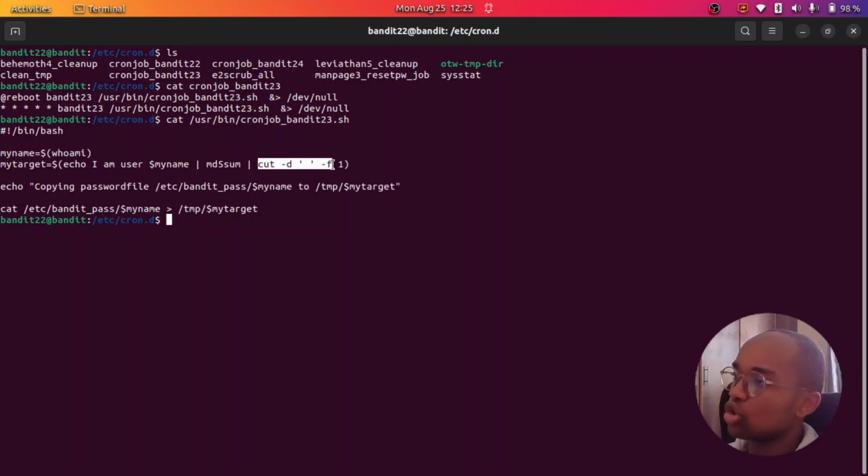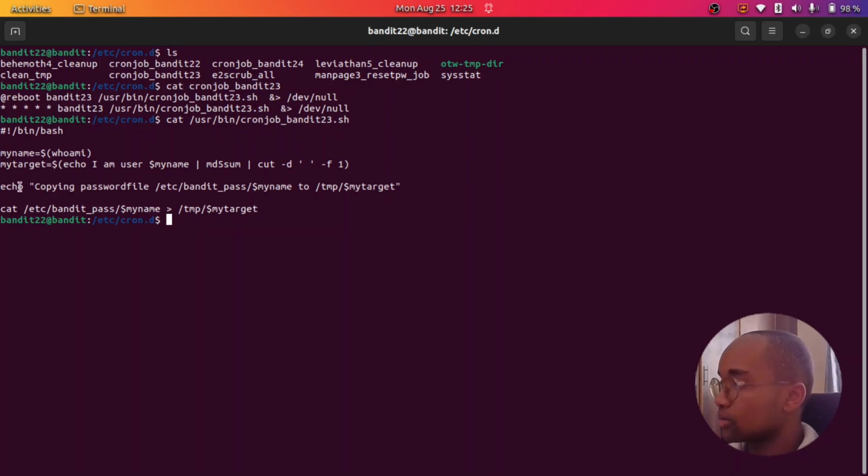So do not be confused. All this means, and you're going to see it once I execute this, is just trim the first, I think it is the first or second argument, so that you understand what it does. There is a portion of that hash that needs to be trimmed.